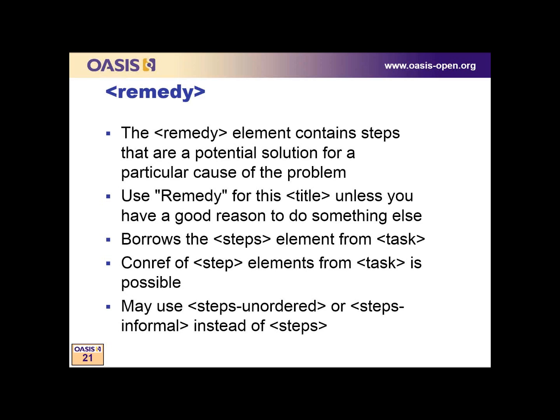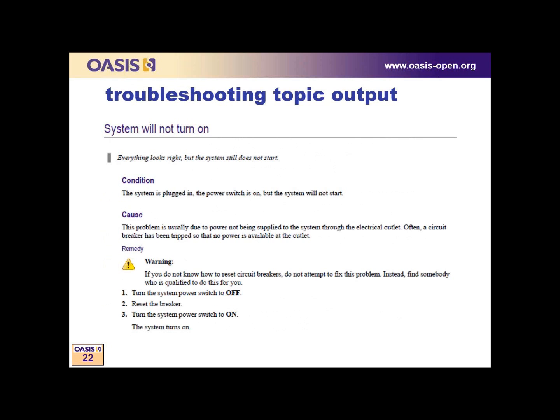We backed off of that though because we came up with a number of use cases where that wasn't going to work too well, especially when you have multiple trouble solution elements. It's a shame not to be able to use the titles on cause to differentiate between them. In lieu of steps, you can also use steps unordered or steps informal. So that provides a fair amount of additional flexibility.